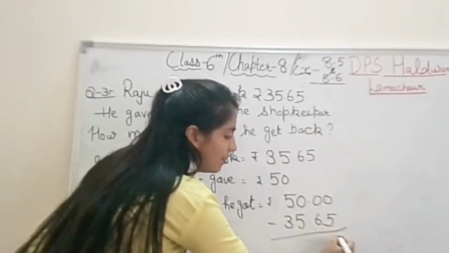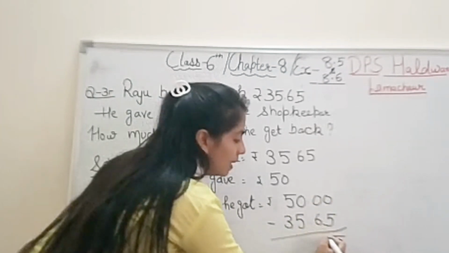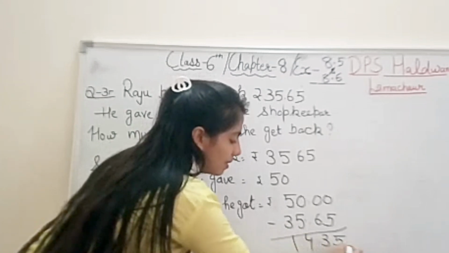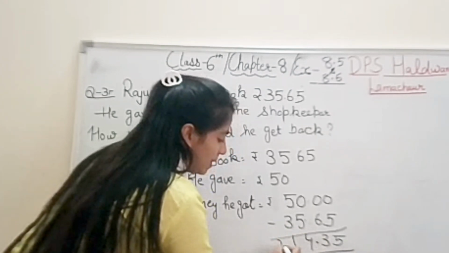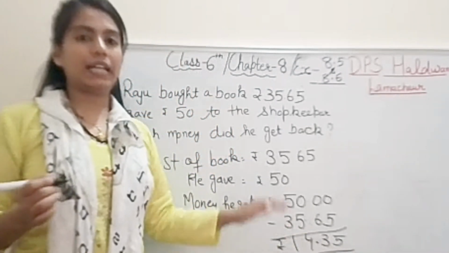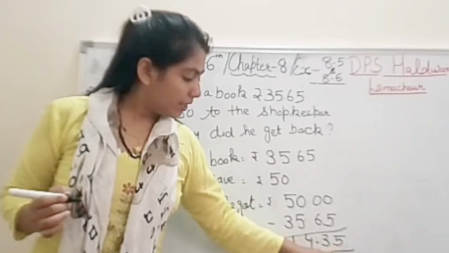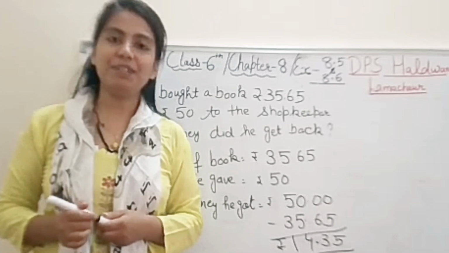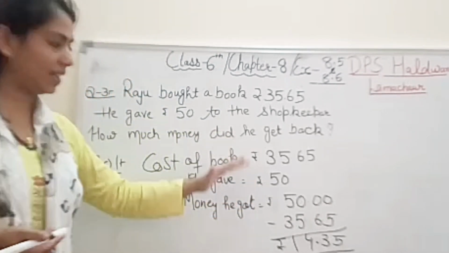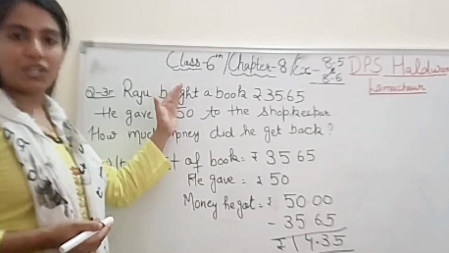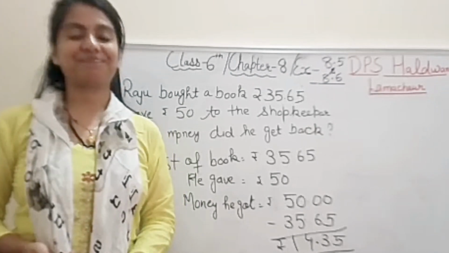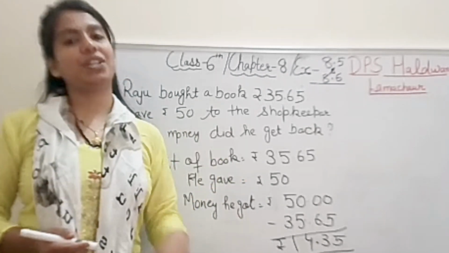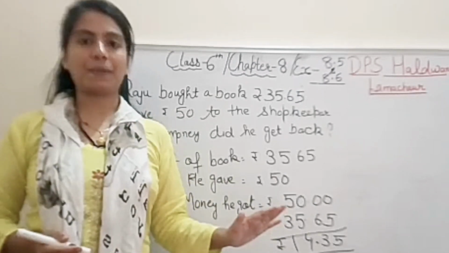So that is 10 minus 5, 5; 9 minus 6, 3; 9 minus 5, 4; 4 minus 3, 1. So it means he got rupees 14.35. That's it. It is just a subtraction. You just frame a question according to the given question and then get the answer. Very simple, students. And we have already done such type of question in junior classes many times, right?